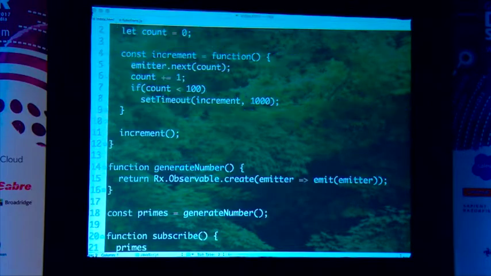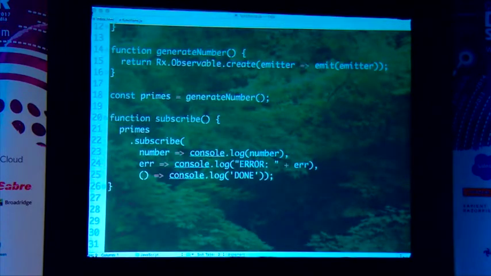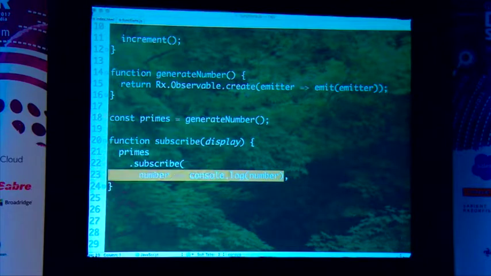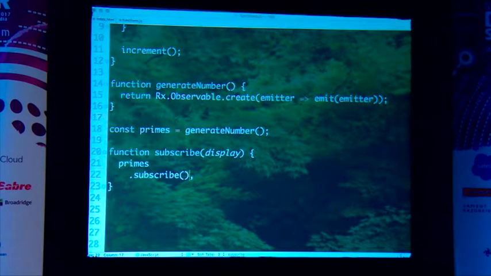So what is it going to do? Well, in here it says, I got a display coming in, and I'm going to get the prime. Let's ignore these for now. I'm going to get the prime, and what am I going to do with the data when it comes through? I'm going to say, here's the data, which is the number. I'm going to say display.innerHTML is equal to data, right?